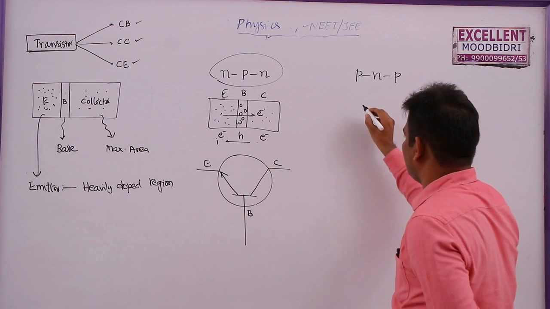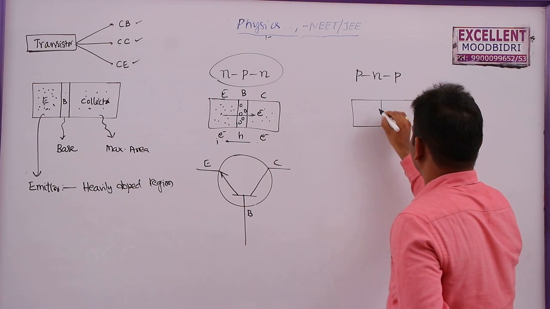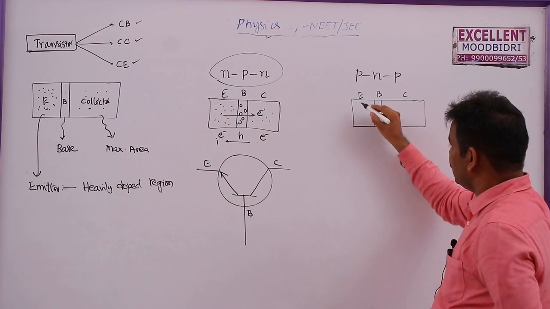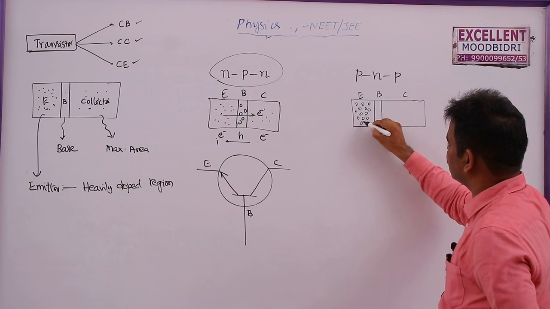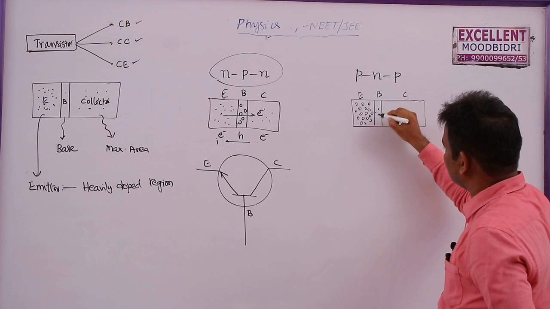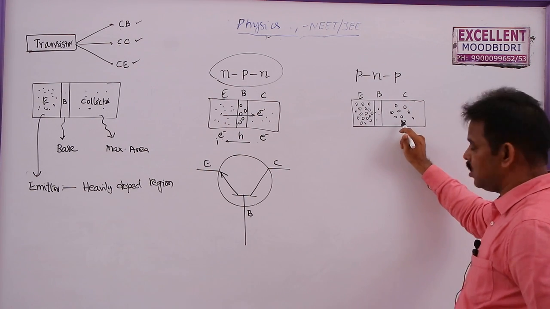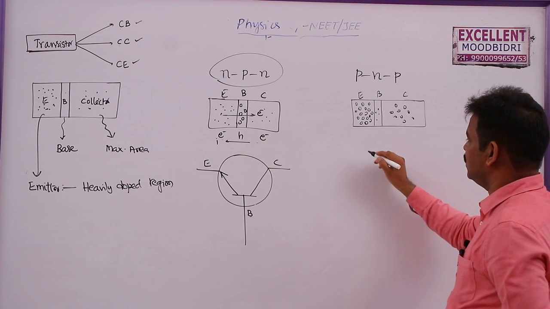Similarly, in PNP transistor, we have 3 different regions. One is base, this one is emitter, this is collector. Here holes are the majority charge carriers. So this is moderately doped, this is lightly doped, this is heavily doped region.